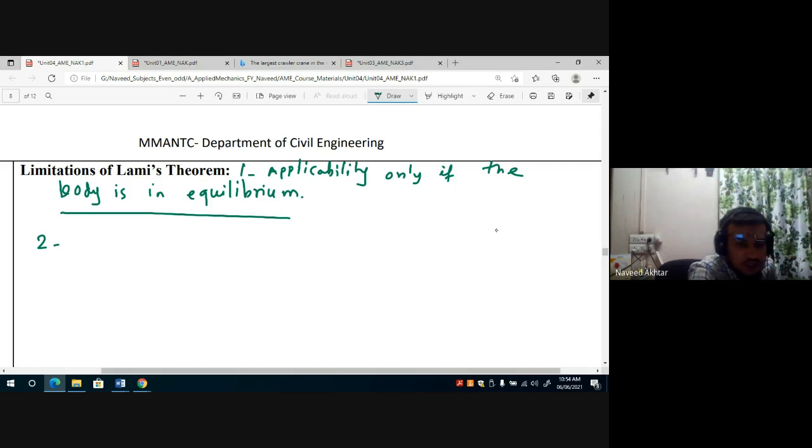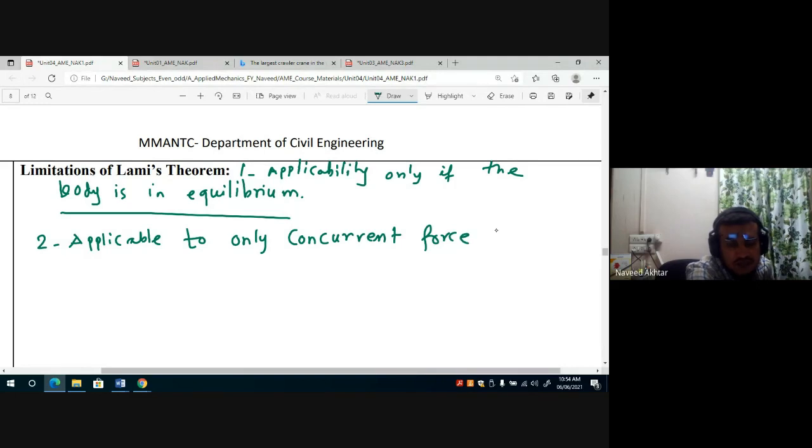Lami's theorem is applicable to only concurrent force system, means only the forces meeting at one point. Okay, this is the Lami's theorem.